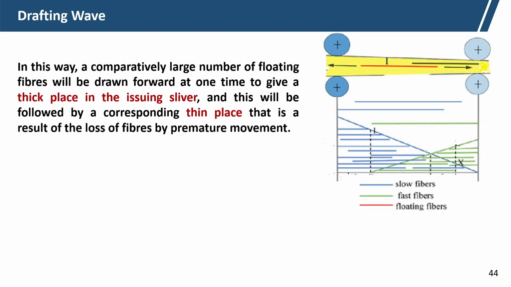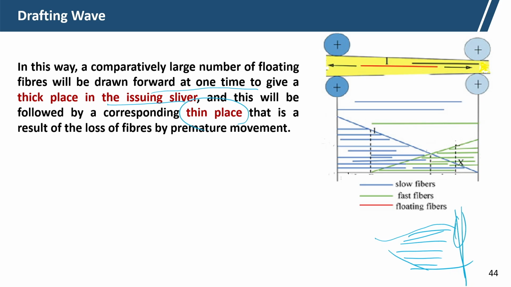In this way, a comparatively large number of floating fibers will be drawn forward by the front roller nip at one time to give a thick place in the sliver, and this will be followed by a corresponding thin place, as I have already explained.